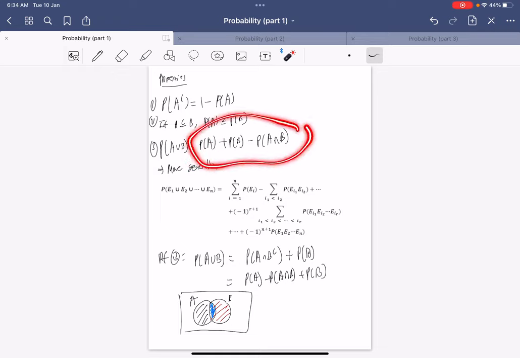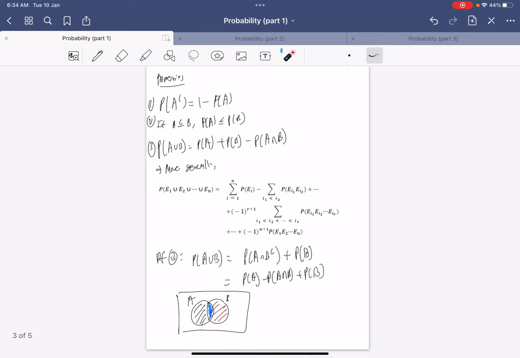And you can see this ties in with what happens if they are mutually exclusive. If they are mutually exclusive, then the probability of A intersect B is 0. And so the probability of A plus the probability of B will be the remaining terms.